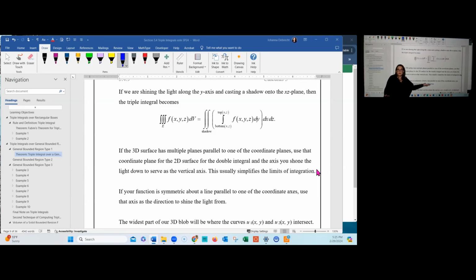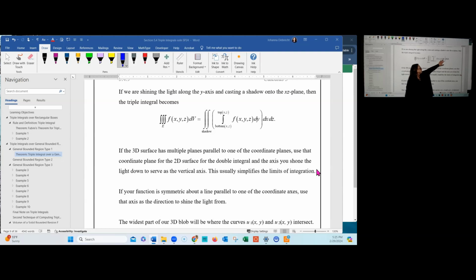Then I will want to rotate so that the y-axis is straight up, and then I can look to see what function of x and z forms the bottom surface of my solid, and what function of x and z forms the top surface of my solid. So I'll have the y-axis pointing straight up so I can tell what's top and what's bottom.